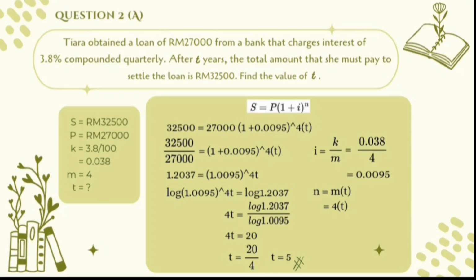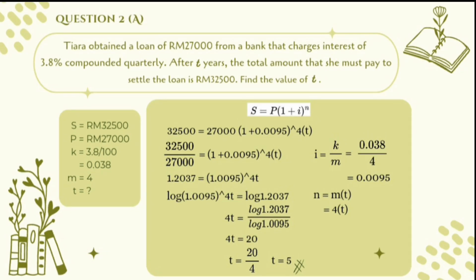After we calculate, we get the answer like this. And then log 1.2037 divided by log 1.0095, and we get 20. 20 divided by 4, and we get the final answer, which is 5. T is 5 years. That's all from me.